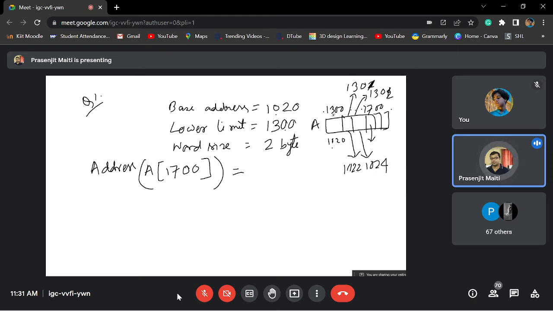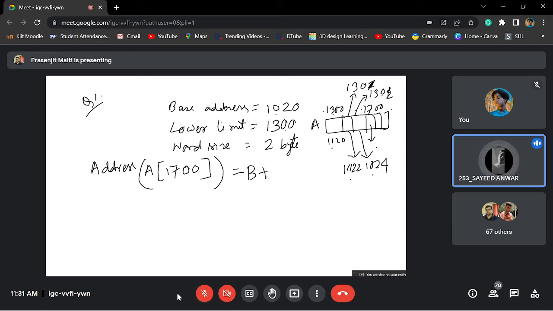Index is 1300, address 1020. Index is 1301, address is 1022. Index is 1302, address is 1024. Similarly, when the index is 1700, what is the address? What is the formula?